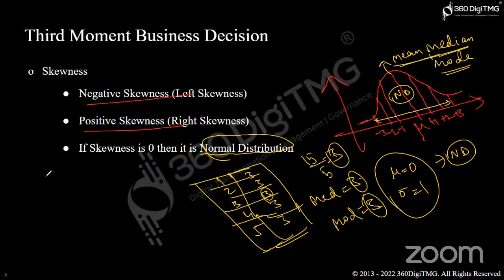So we may also have a particular diagram where the data is not normally distributed.